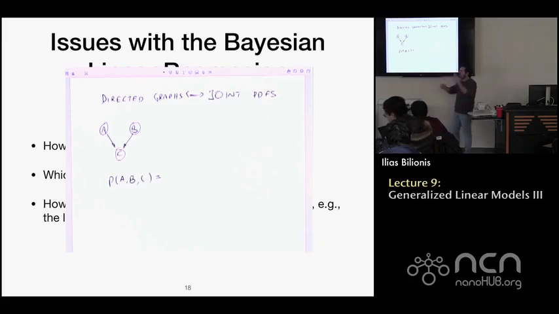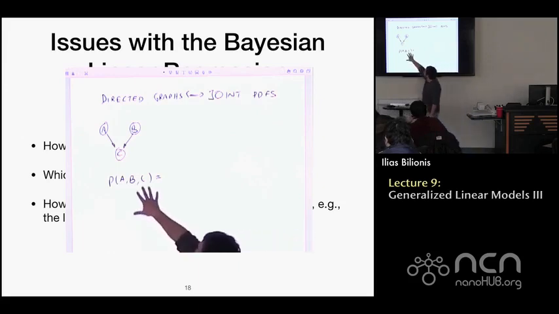But this is about random variables, so I'm asking questions about random variables. Anyway, how do we decompose that?